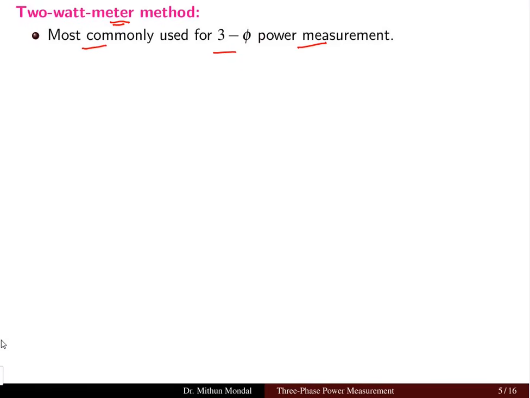I have told you that if the power factor is constantly changing, it is better to go with the 3 wattmeter method. But when the load is balanced, the angle between voltage and current will also not change, and hence the 2 wattmeter method will be mostly used.